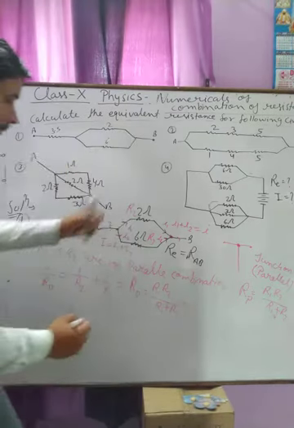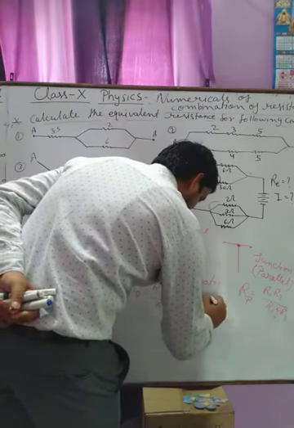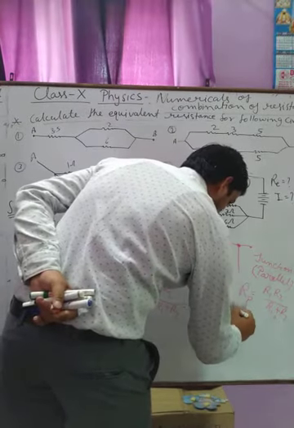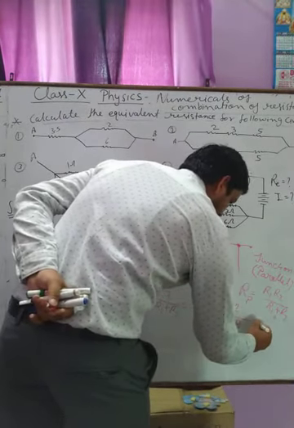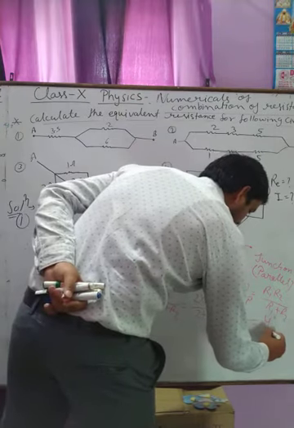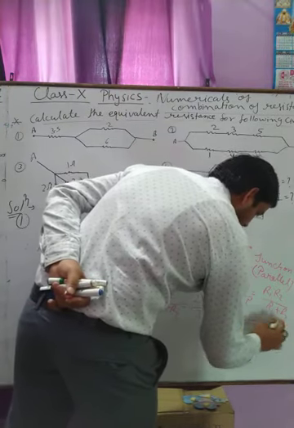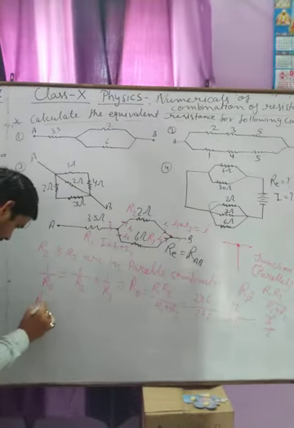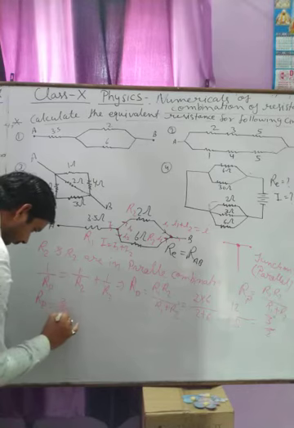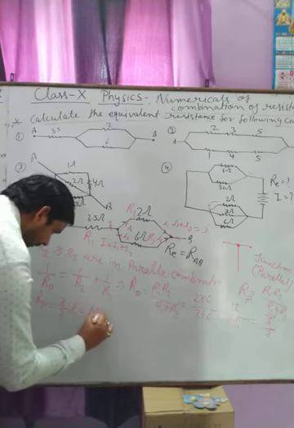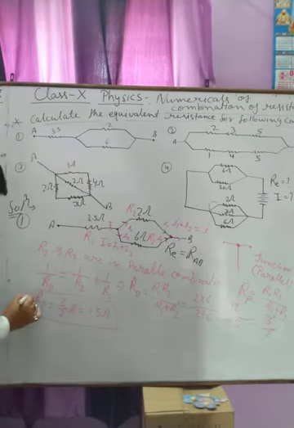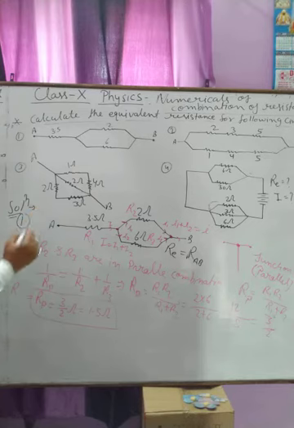On putting these values, 2 into 6 upon 2 plus 6, this becomes 12 upon 8. It will be cancelled by 4, giving 3 by 2. Therefore R_P is 3 by 2 ohm or 1.5 ohm. This is the value of R_P, the parallel combination of resistors 2 and 3.